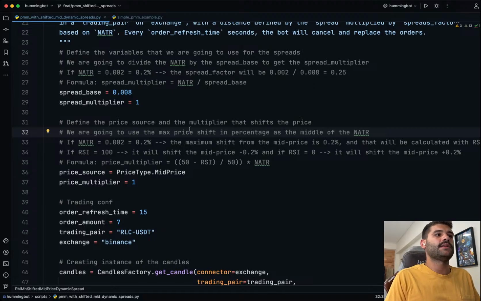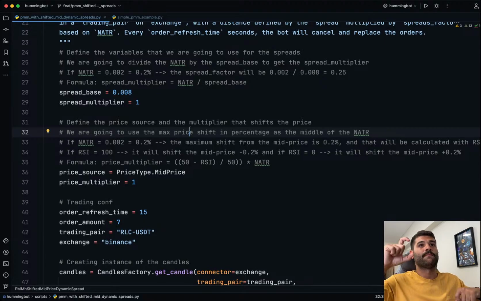The first assumption that I made was, okay, let's set up a fixed percentage and say this is the maximum percentage that you can move. But that wasn't so smart, because how I can define that percentage is based on the volatility of that market, or on the normalized average true range, because it's the shift that I'm going to expect. So this is a little bit more technical, if you want to call it like that.